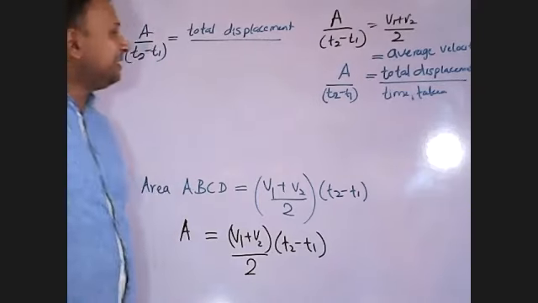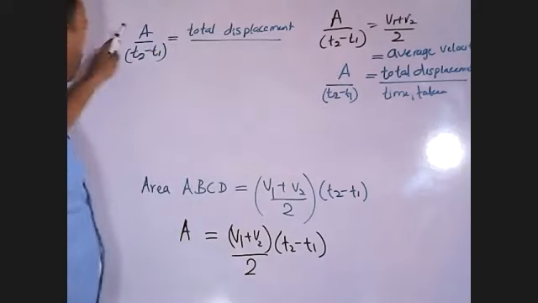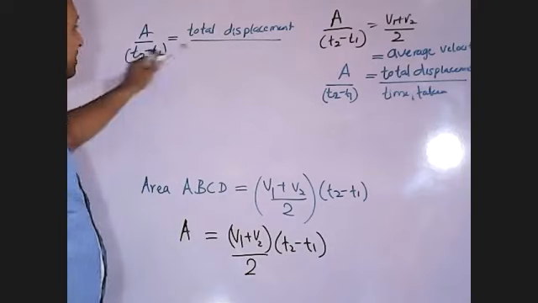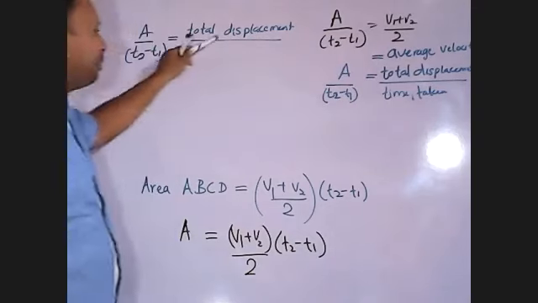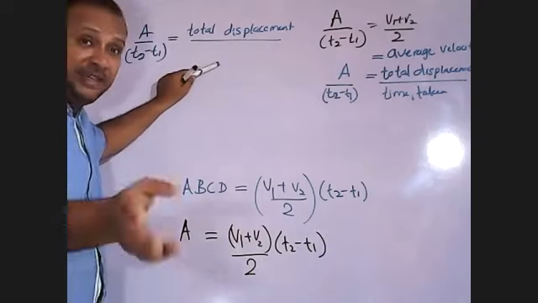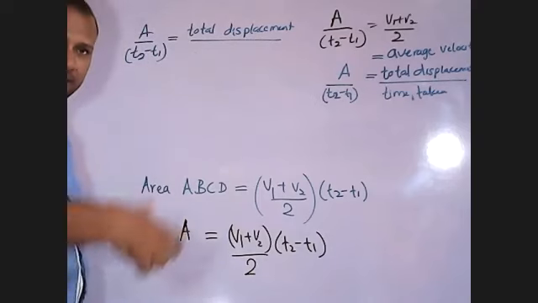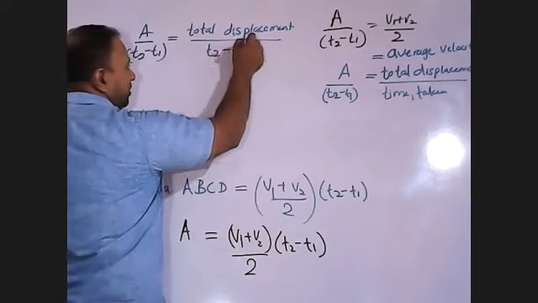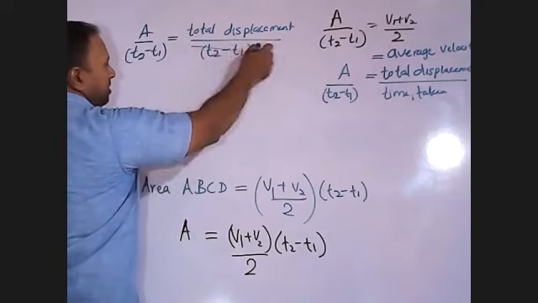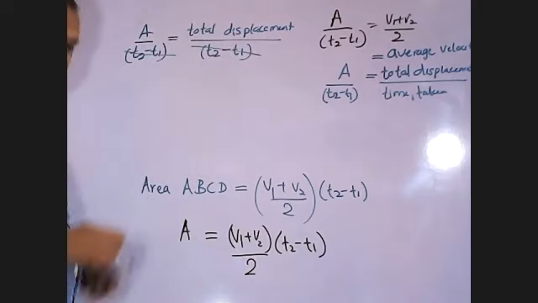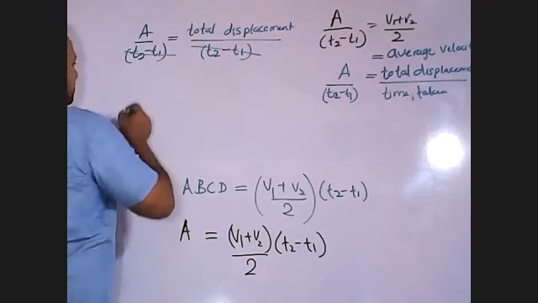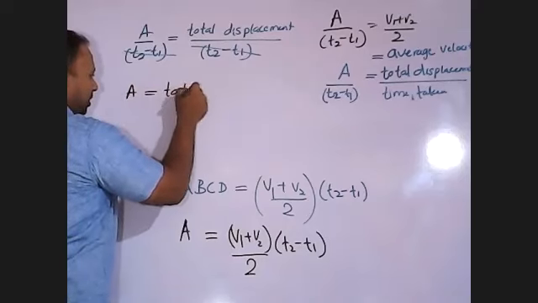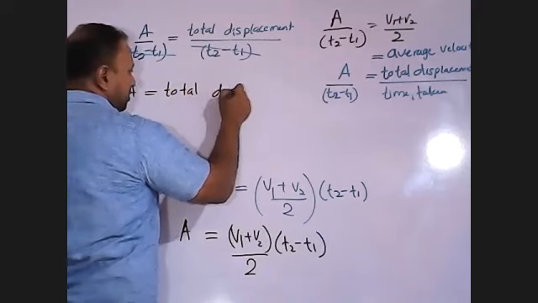Now I can write this one again. A over T2 minus T1 is equal to total displacement over time taken. So time taken is equal to T2 minus T1, therefore T2 minus T1 will be cancelled out. Then A is equal to total displacement.